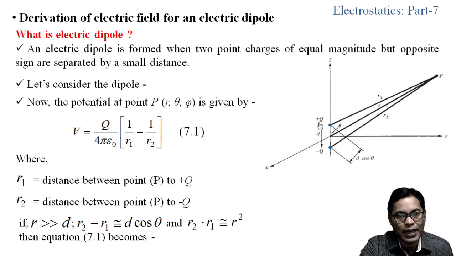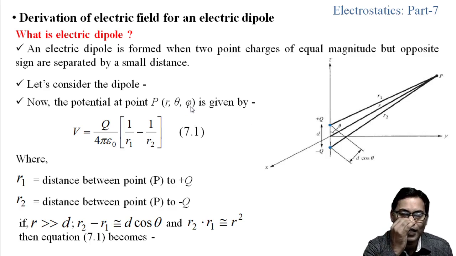Here you can see the plus q charge at point 1 and the minus q charge at this point, and the distance between plus q and minus q is small d. Now we want to find the electric field intensity at the observation point P, whose coordinates we have considered according to the spherical coordinate system. So P is a function of r, theta and phi.